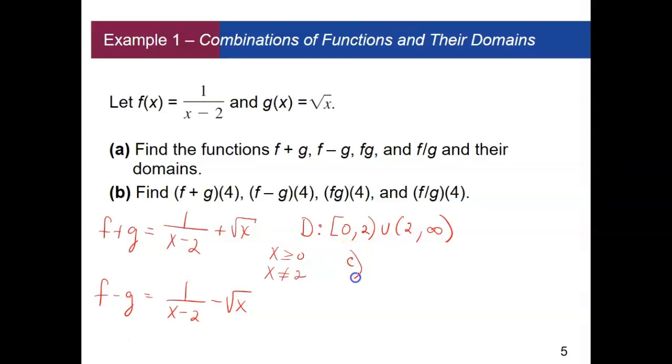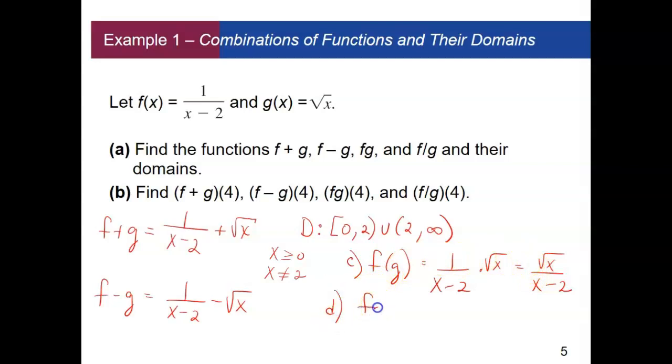On C, if we're going to look at f times g, then literally I'm going to multiply the two together. So I'm going to end up with the square root of x over x minus 2. So the domain is going to stay the same when they're multiplied together.